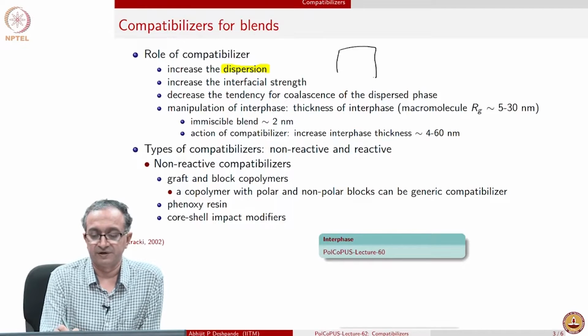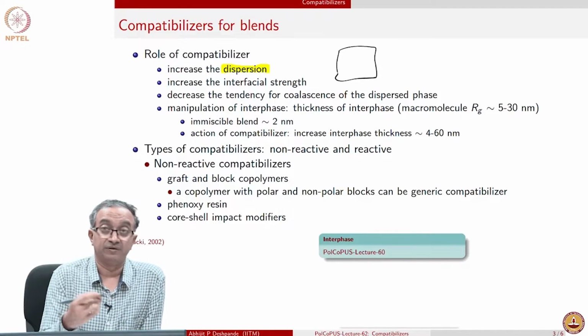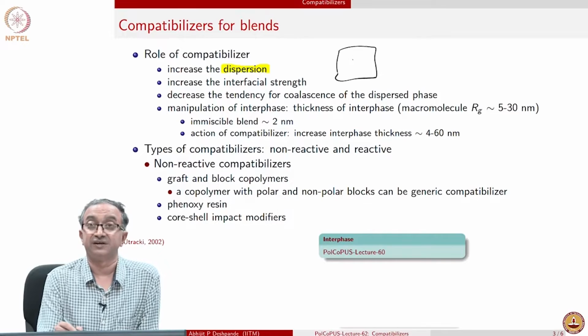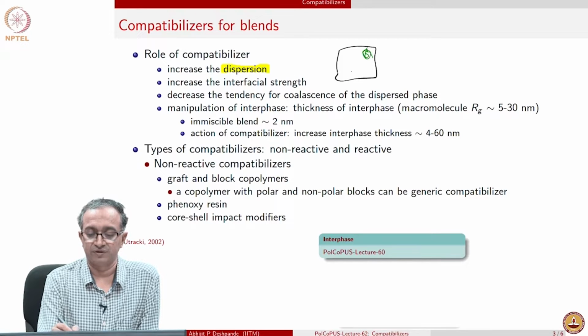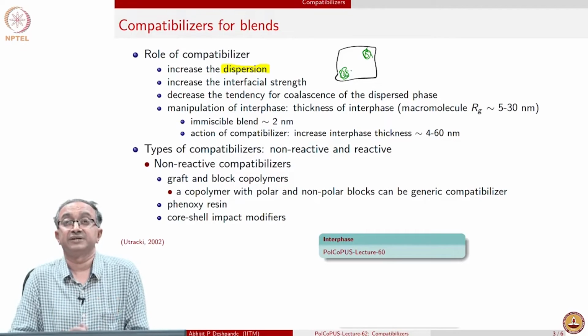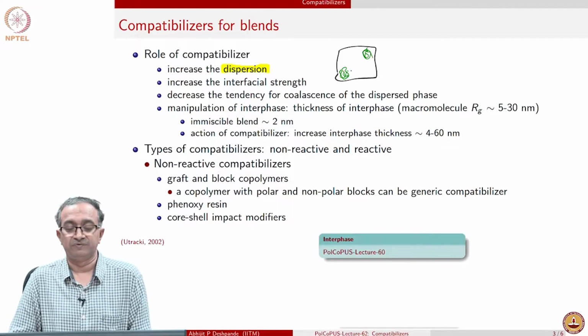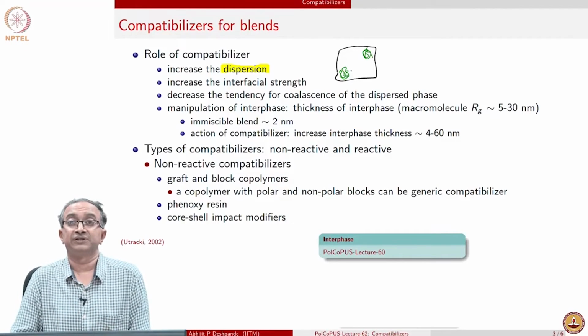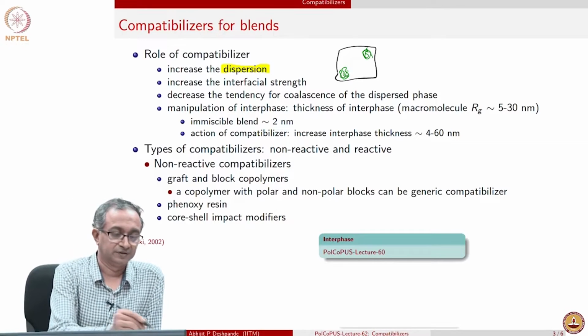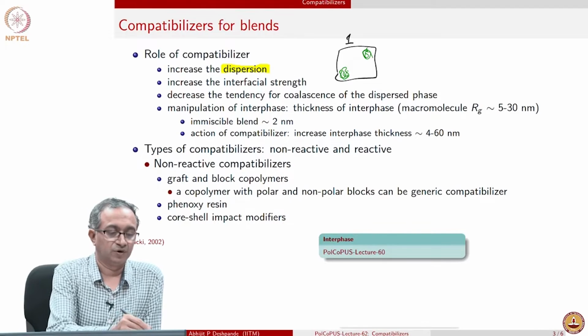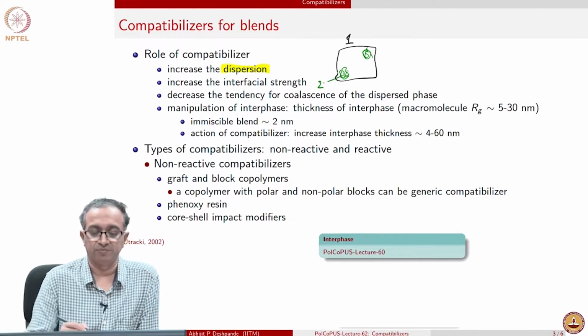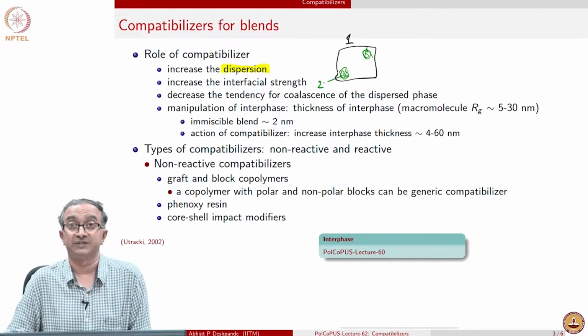So, for example, if we are talking about a polymer which is represented by the black, where all the macromolecules are, and in that we have now a domain of the second macromolecule, which is depicted in green here. If this is the kind of distribution, then there are lots of pockets where there is only polymer 1, while what we would like is actually the polymer 1 and 2 to be as well mixed as possible.